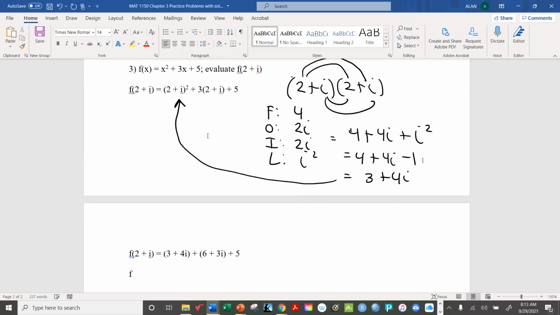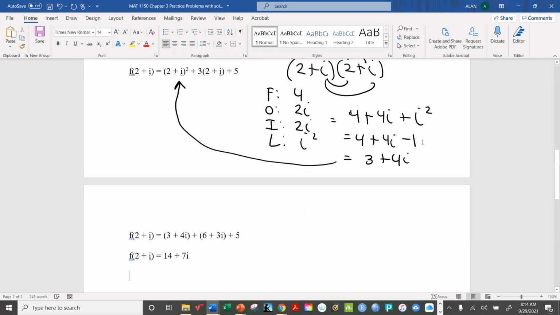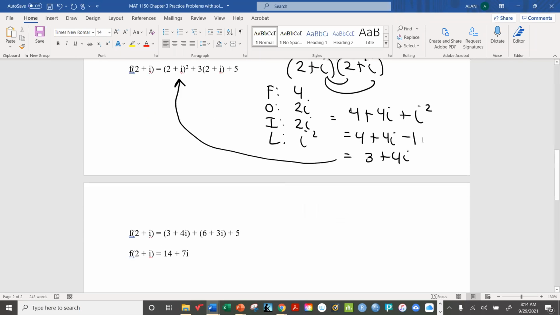When we bring these terms together and combine the three constants, 3 plus 6 plus 5, which is 14, plus 7i. All right, does that work? Yes. The key to the whole thing is this FOIL, and remember that i squared reduces to -1.